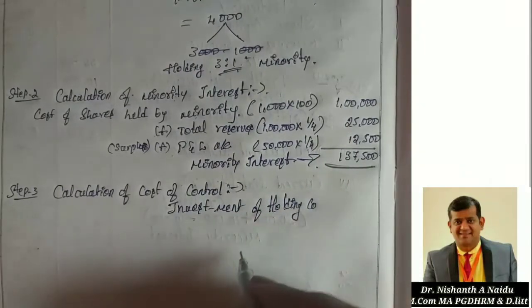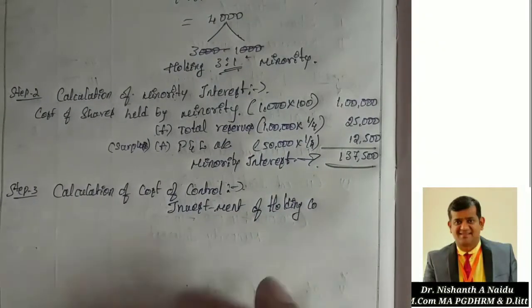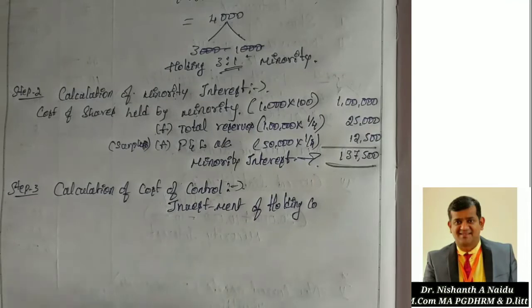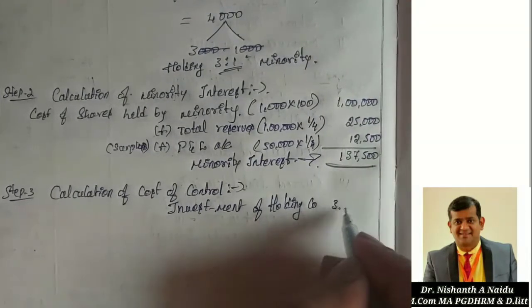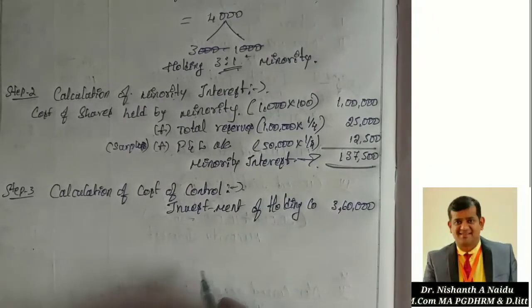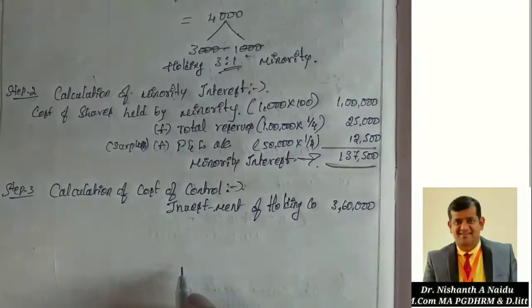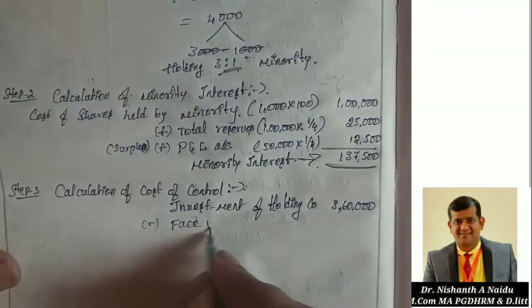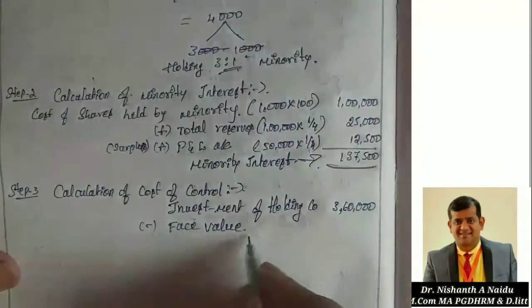So how much it is? Usually you will get it on the asset side. So that is 3,60,000 rupees. Okay. So next, less face value. So how much is the face value?